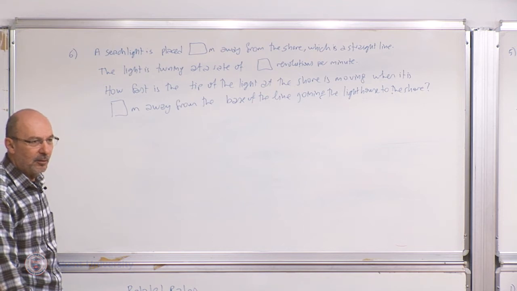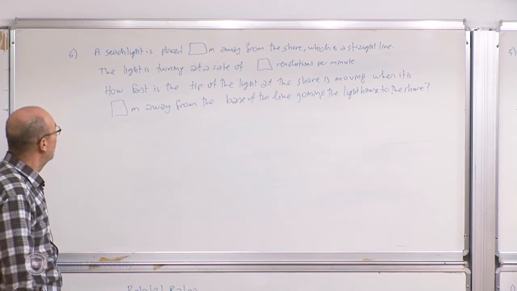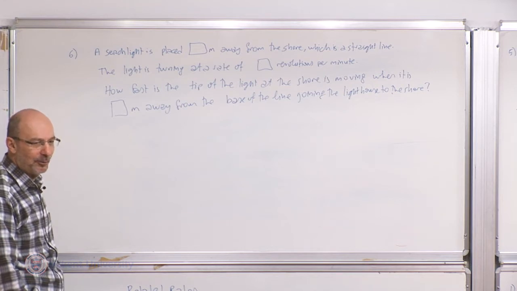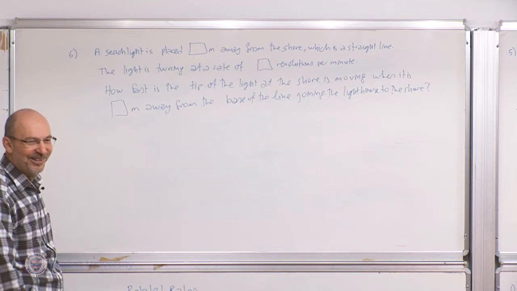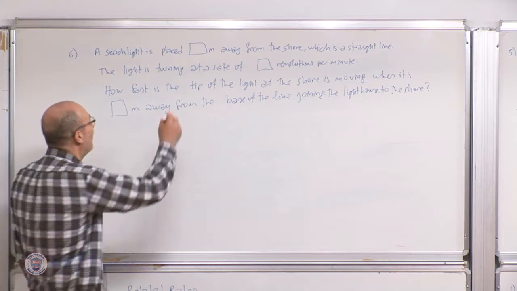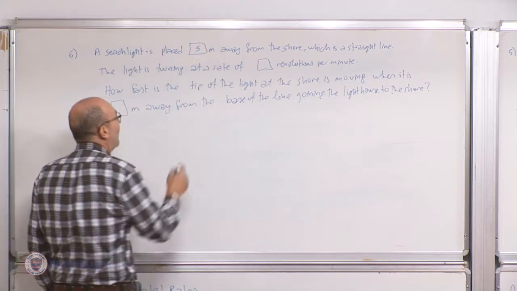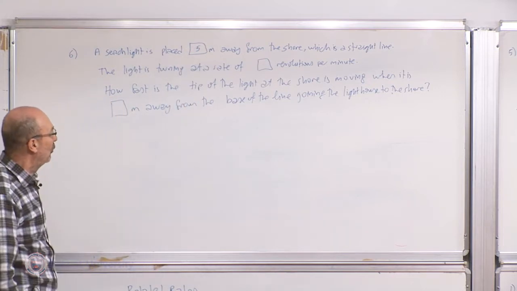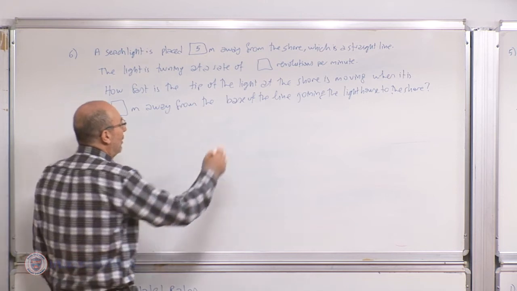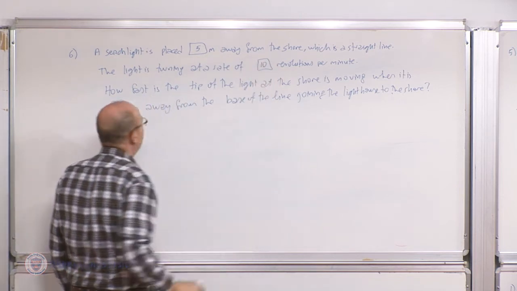Okay. So give me 3 numbers. How many meters do you want to place this away from the shore? Not 1 meter. Okay, some numbers. 5. How many revolutions do you want this thing to make? 10 revolutions per minute.